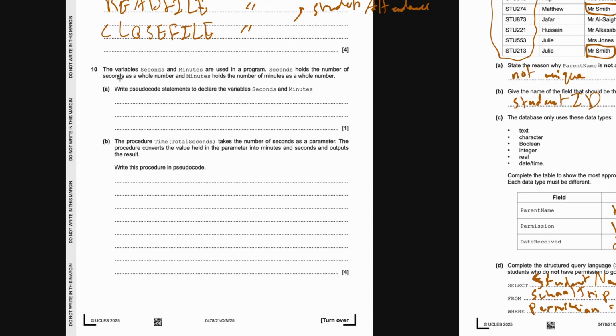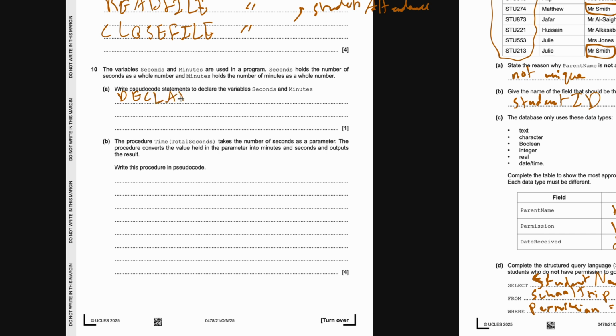For question 10, the variables seconds and minutes are used in a program. Seconds holds the number of seconds as a whole number, and minutes holds the number of minutes as a whole number. Part A. Write pseudocode statements to declare the variables seconds and minutes. Right, so that's of course very simple.